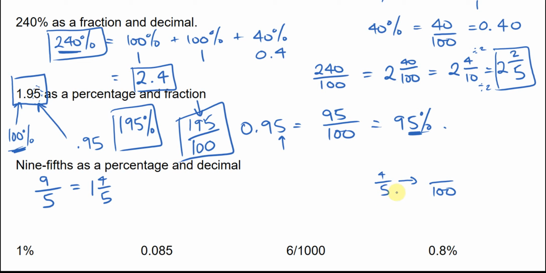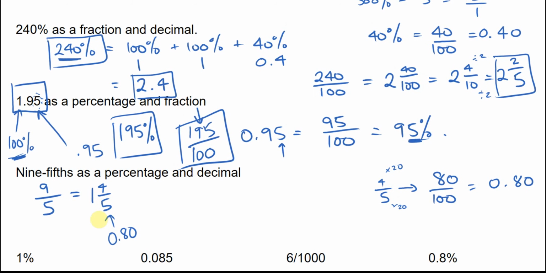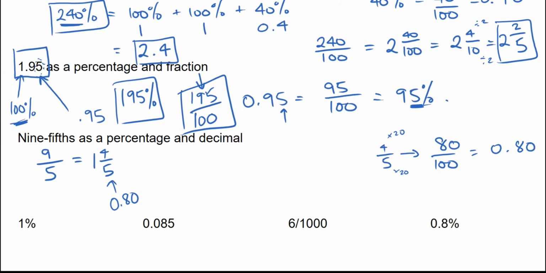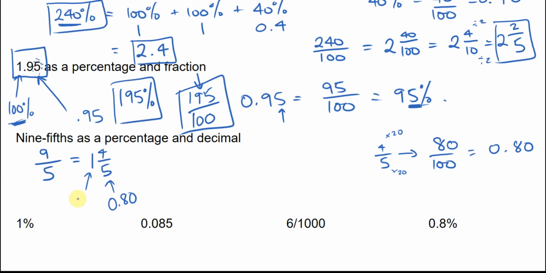If we multiply that 5, that denominator, by 20, we'd get 100, which means we also need to multiply the numerator by 20. That will give us 80. So 80 hundredths we know is 0.80. So that 4/5 means we've got 0.80 there, and the 1 we know is 1 whole. So as a decimal we have 1.8.